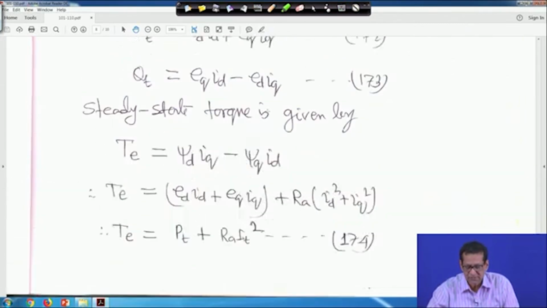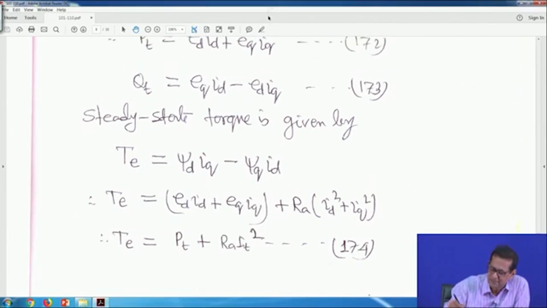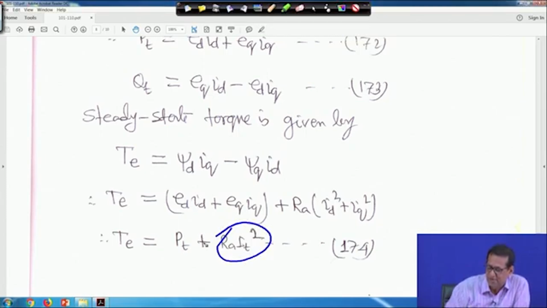Now, a little more steady state computation will go in the next lecture. If you look at T is equal to Pt plus Ra It square, in general this part, Ra It square, is actually very small.